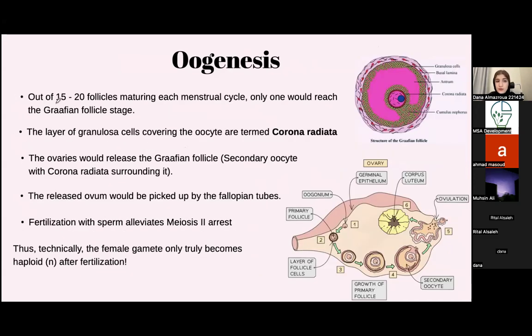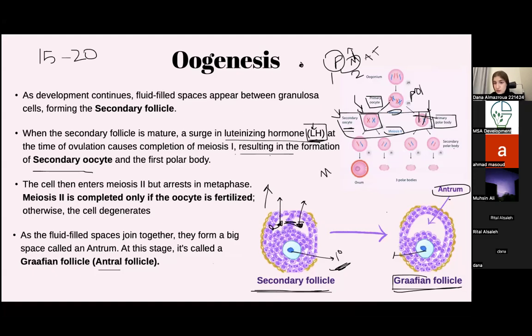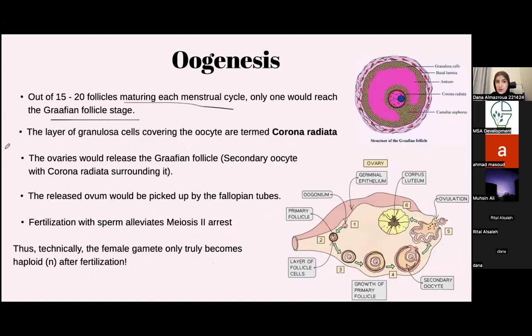We said that out of 15 to 20 follicles maturing each menstrual cycle, only one would reach the Graafian follicle stage, which is the fully mature stage that we just talked about. Now the layer of granulosa cells covering the oocyte is termed corona radiata. You see the antrum keeps getting bigger and bigger. The cells here, the granulosa cells, remain called granulosa cells.